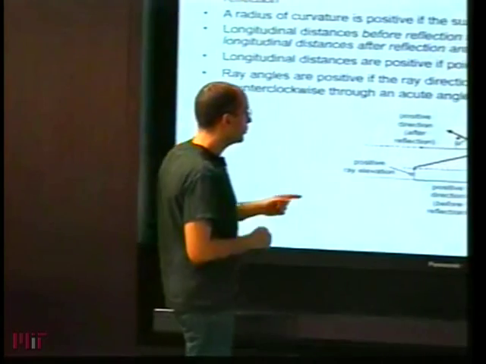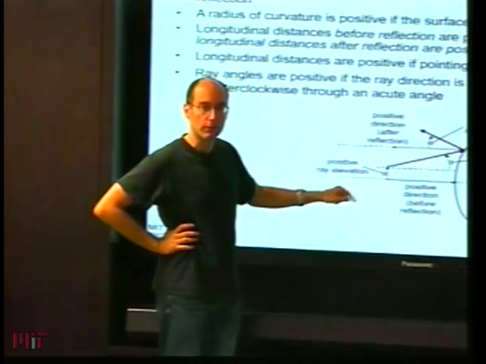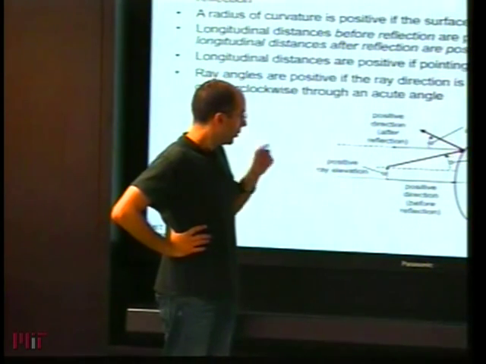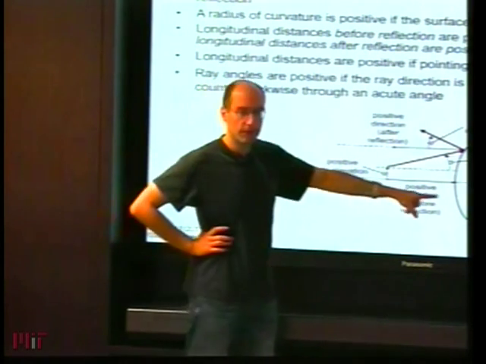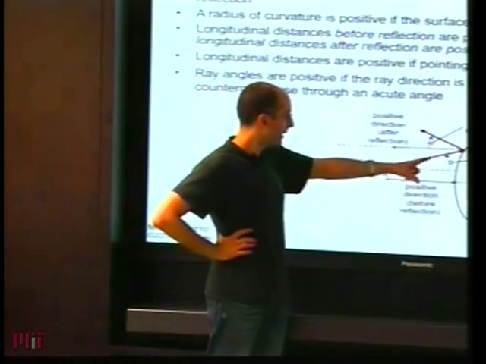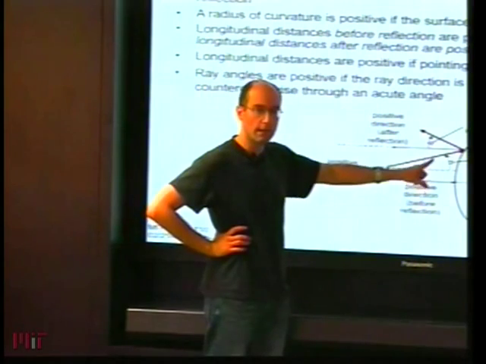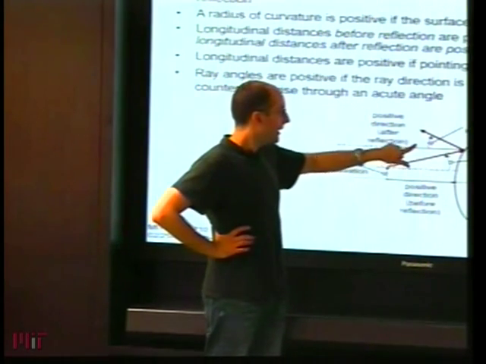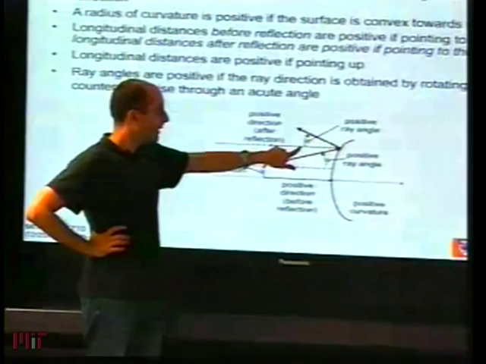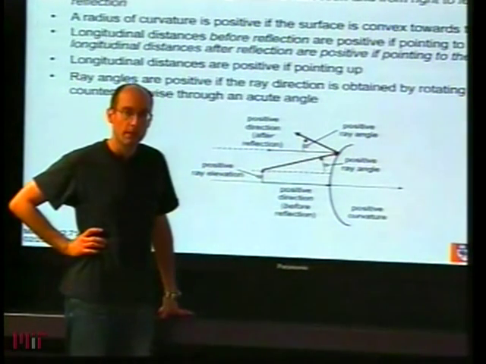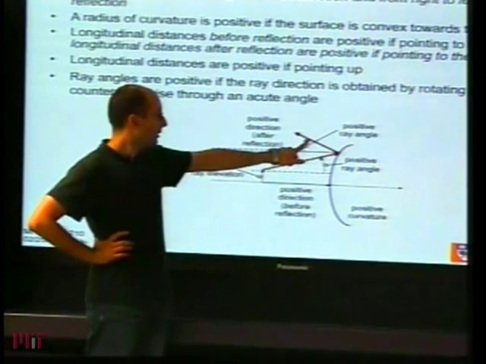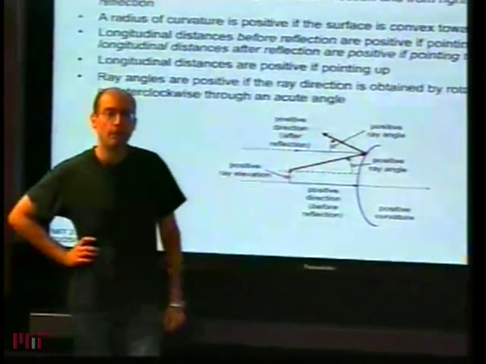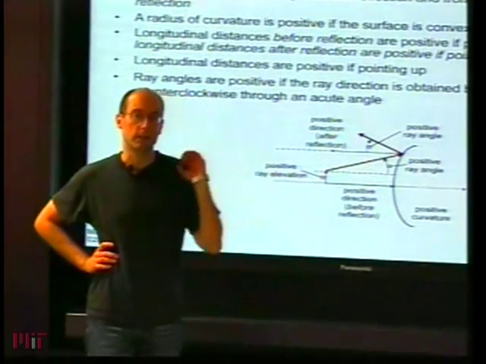Here I put all the cases of positive quantities. Most of these are familiar. The positive curvature is the same as before. These angles and directions are the same as before. The really interesting ones are the ones that happen upon reflection, because upon reflection, the distances now become positive if they go to the right, not to the left.